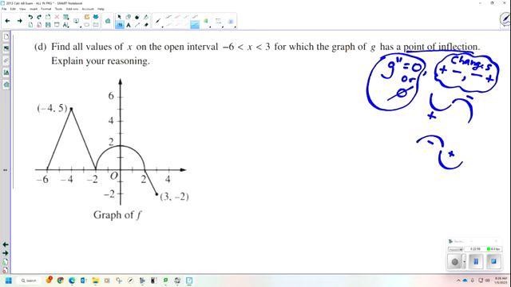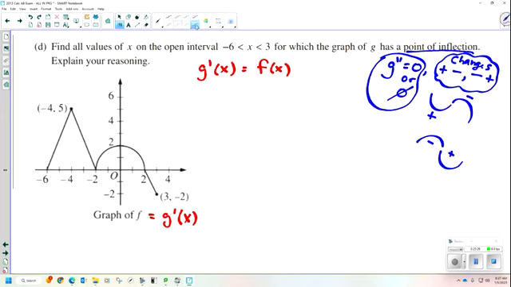I'll explain in a moment. All right, so here we go. First of all, we have established in parts B and C that the derivative of g is f. So this graph of f is the same thing as the graph of the derivative of g.